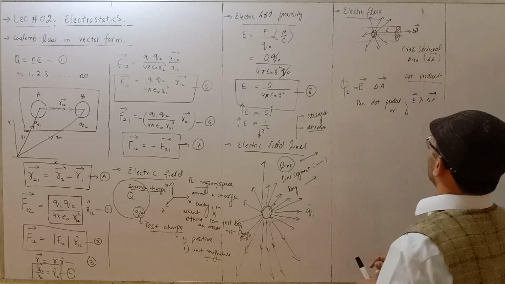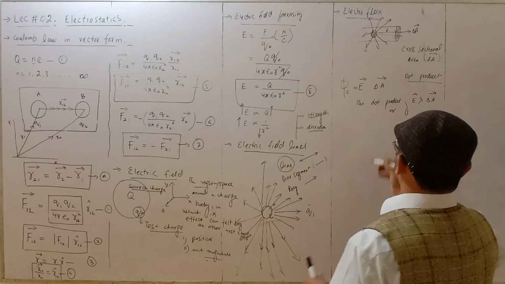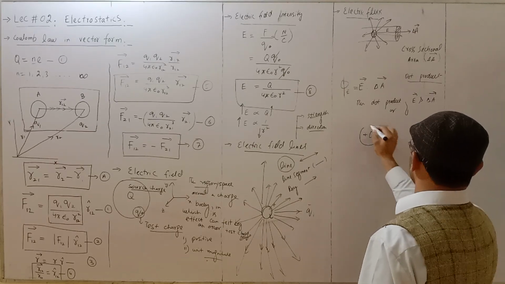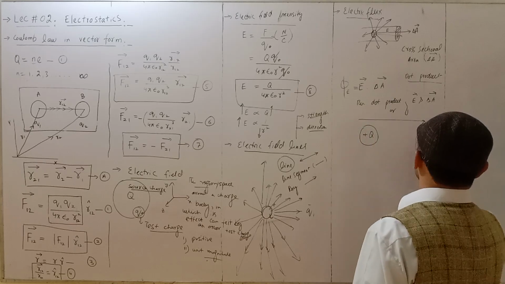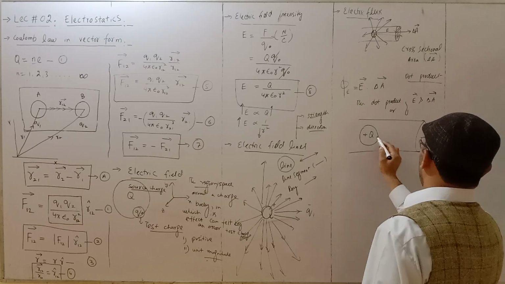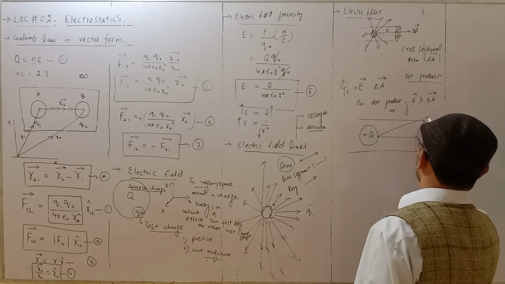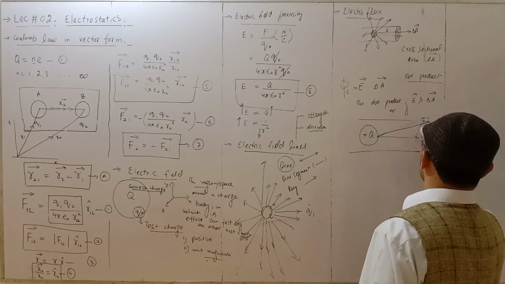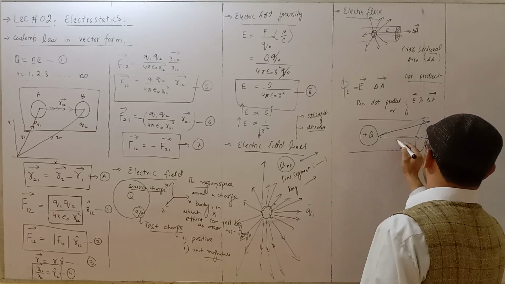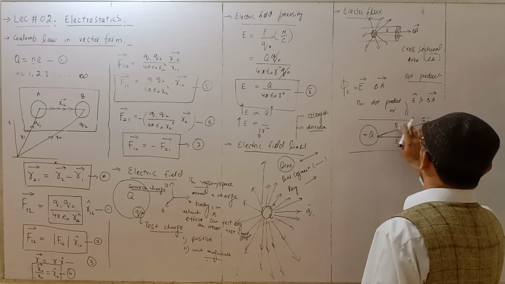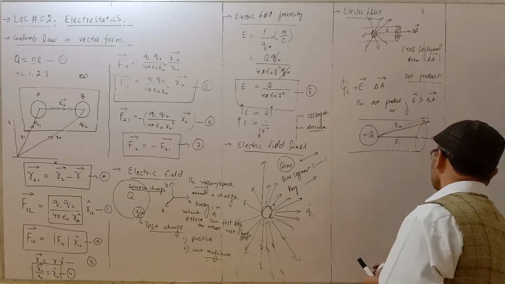For example, if I have a source charge Q positive, and here is a cross-sectional area, and two lines are emerging from this source charge, I call this one E1 and this one E2.